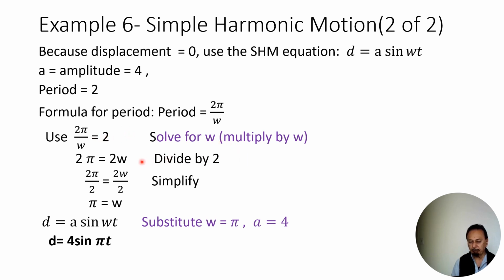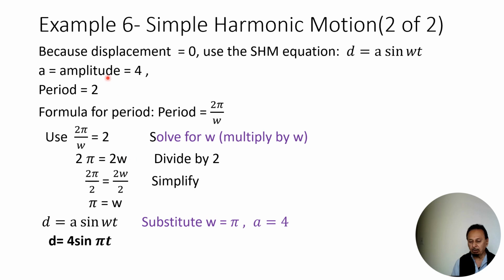In order to solve for w, we can multiply both sides by w, or just cross multiply: w times 2. So you will have the equation 2 pi equals 2w. And now divide by 2, so you get 2 pi over 2 is equal to 2w over 2. Simplify, w equals pi.